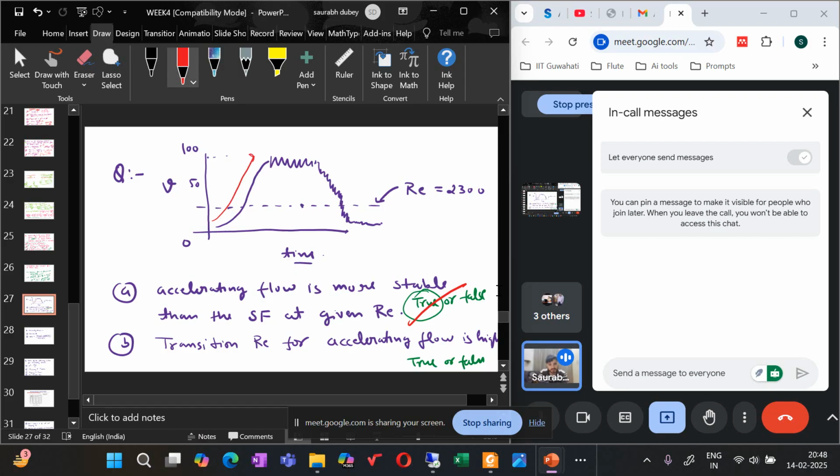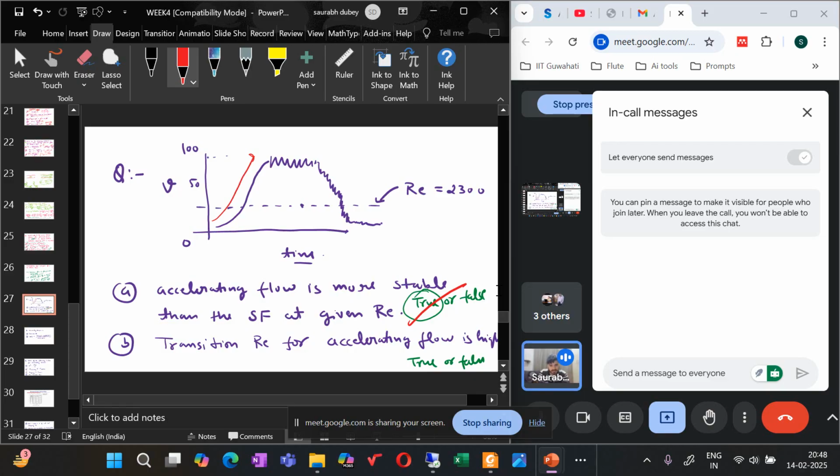Say you are breathing very fast, maybe because of some strenuous activity that you did. So the velocity is high, it's an accelerating situation and the velocity is rising. When the velocity is rising, accelerating flow is more stable than the steady one.